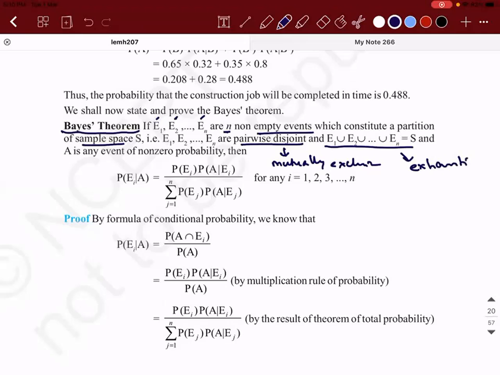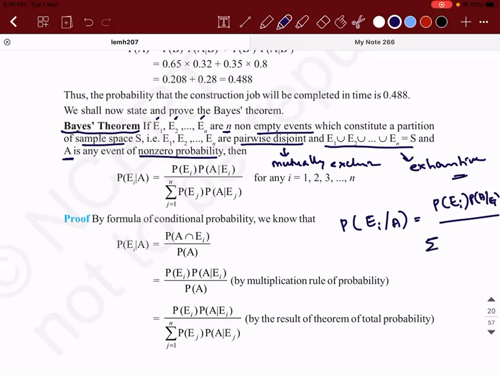If these two conditions are simultaneously satisfied, then for any event A of non-zero probability, the probability of Ei given A is equal to probability of Ei into probability of A given Ei, divided by the sum, sigma i equal to 1 to n of probability of Ei into probability of A given Ei. I'll tell you how to solve problems. You take any problem, how are you supposed to apply this? I'm going to explain it now.